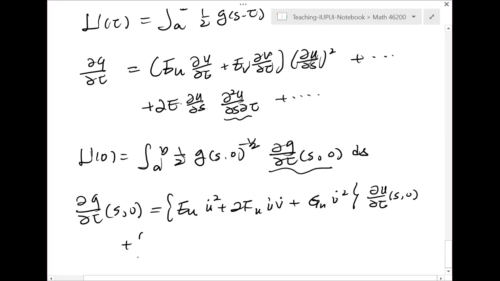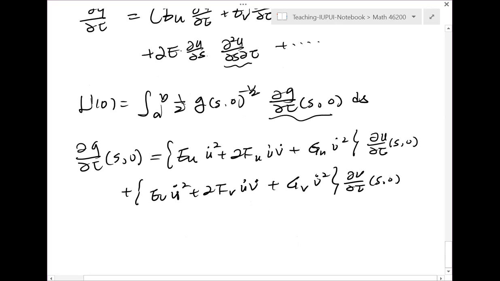And then the second term, E V. There are some other terms, twice of this, and the tau and the S. Okay, this is going to be at S and 0.